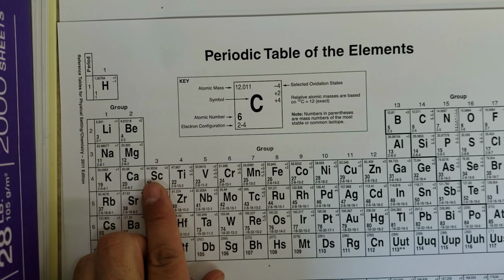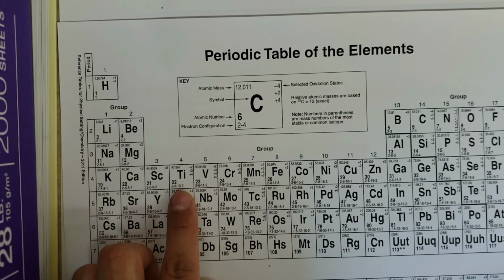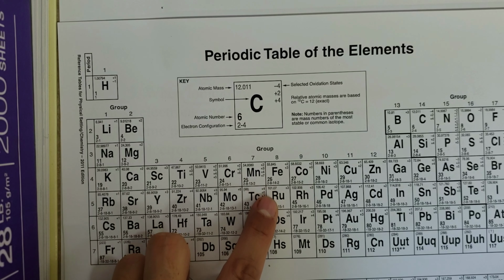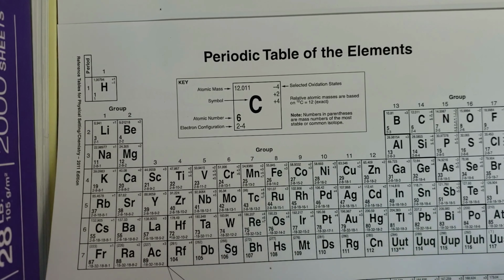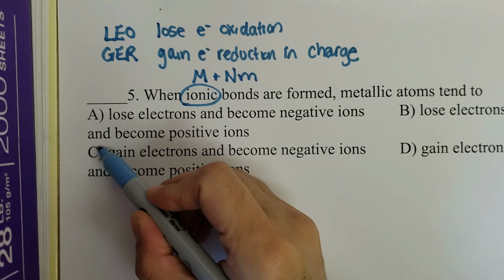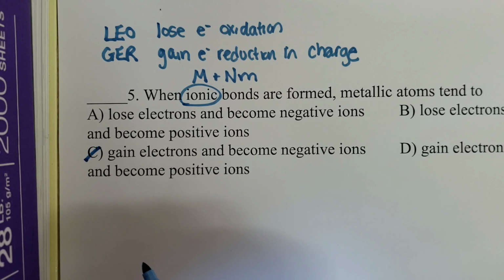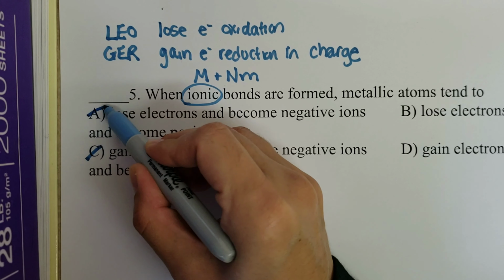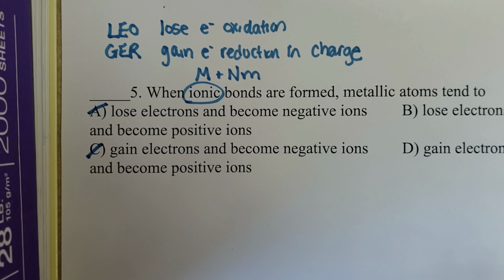Looking at their ion charge, which is only true in a bond, we can see that metals tend to form positive ions. So that means we can get rid of choice A and choice C.